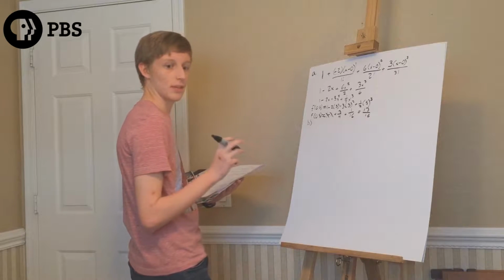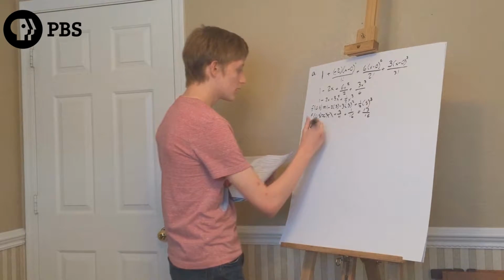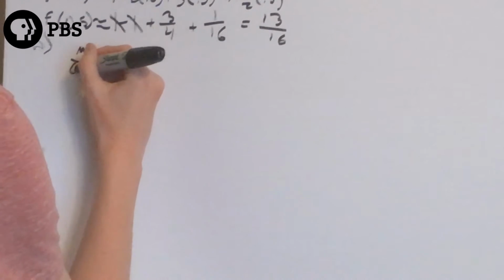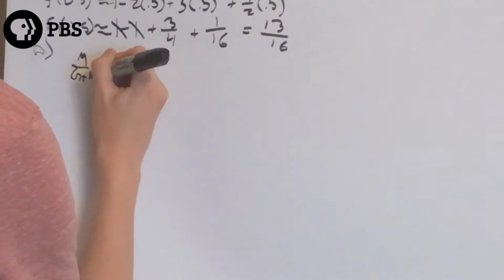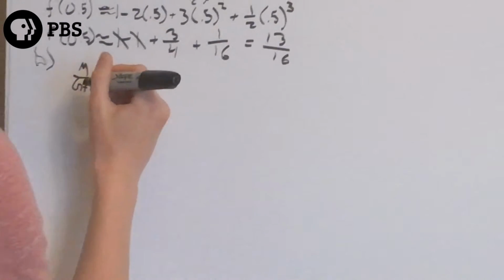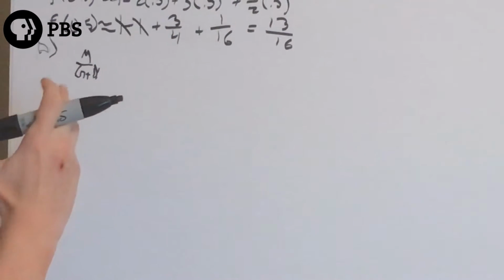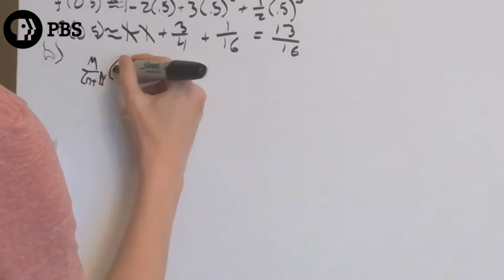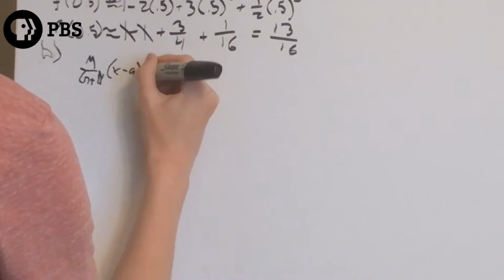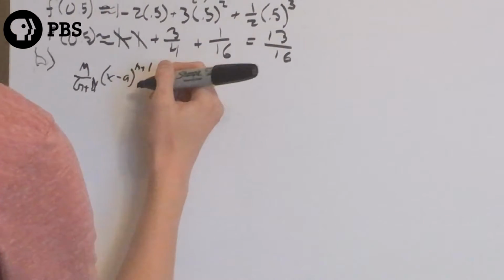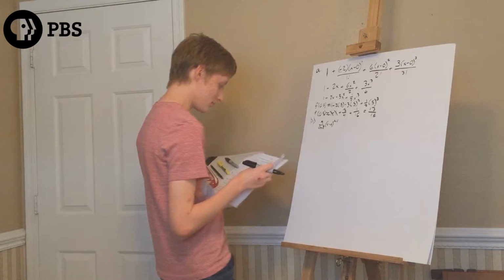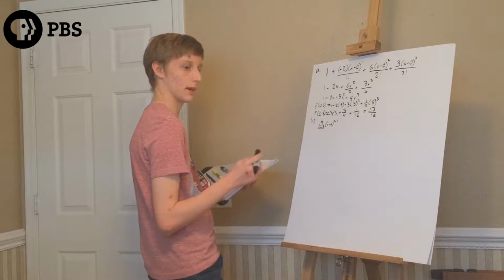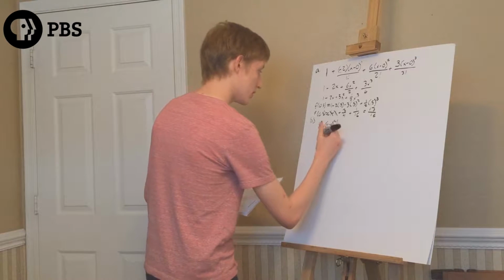First off, we have to set up our Maclaurin series. The formula for the error bound is M over (n plus 1) factorial. Made a little mistake there, but there are no mistakes in calculus, just happy little accidents. We're going to multiply that times x minus a to the n plus 1. Since we're focusing on the third degree polynomial for our error bound, we're going to use n equal to 3.